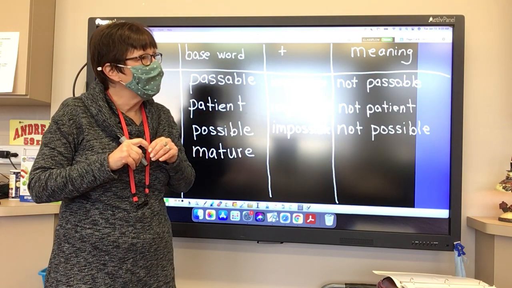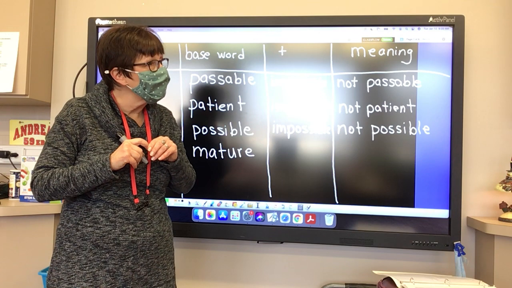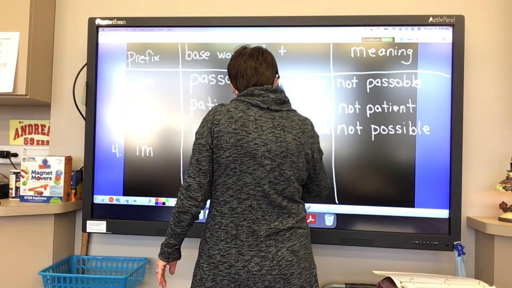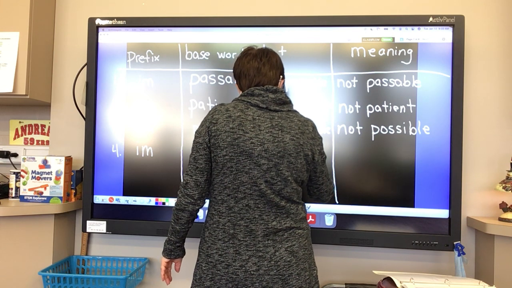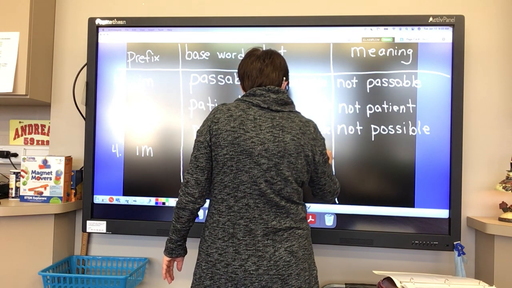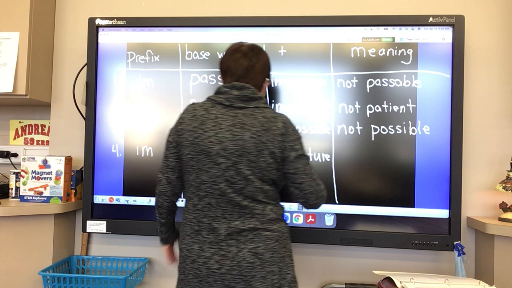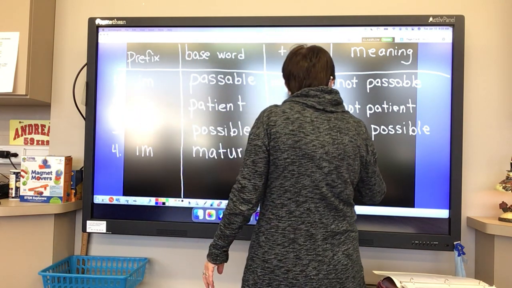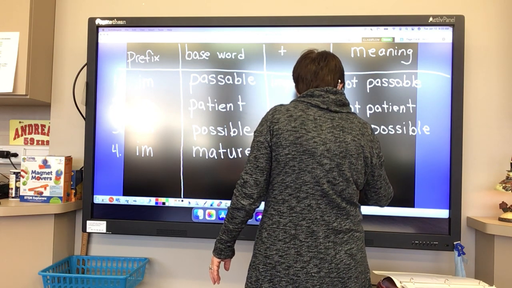What would be our new word that we're going to make? Olive? Immature. And what does it mean if you're immature? Not mature.